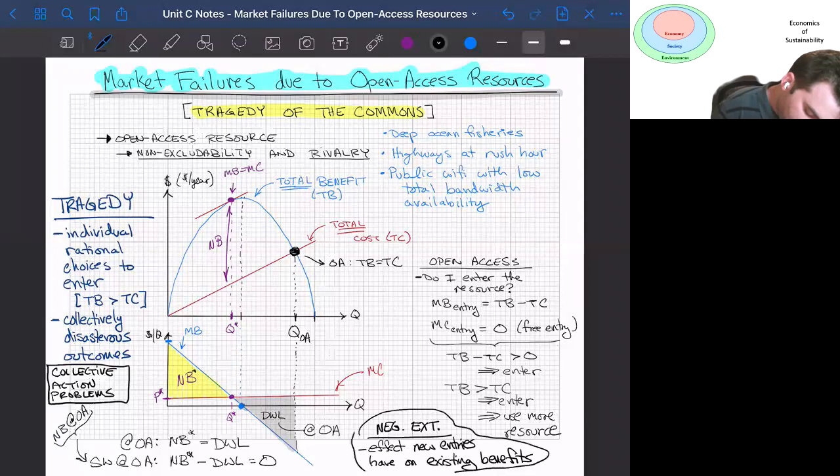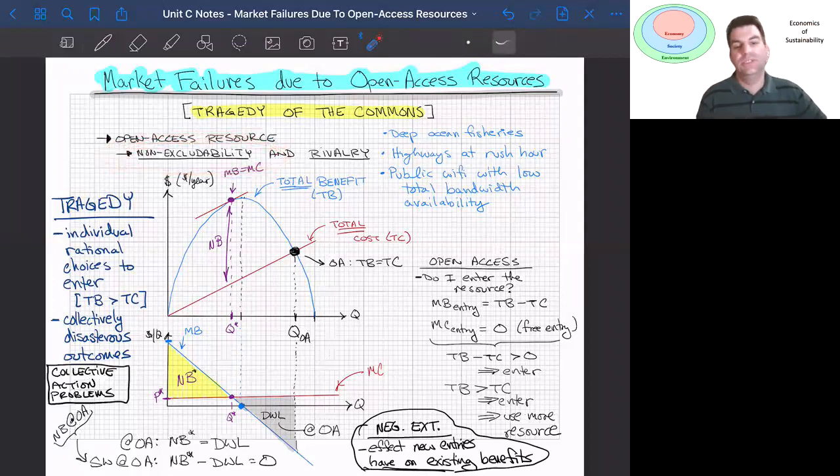And so how do we internalize this negative externality? Well, there's a number of different ways you can do this, but they all basically come down to getting rid of non-excludability. So if you have a highway, maybe you put a toll road up there. So people have to pay to get onto the highway.